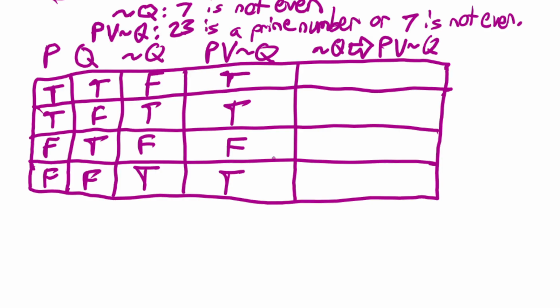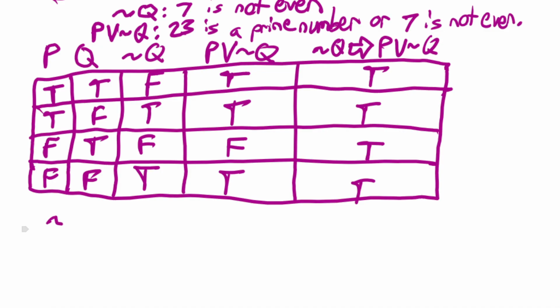So doesn't look like not Q implies P or not Q. That's not happening. So looks like this is a tautology because it's true for every possible combination of truth values for its statements.